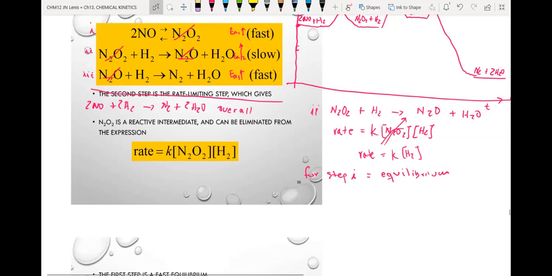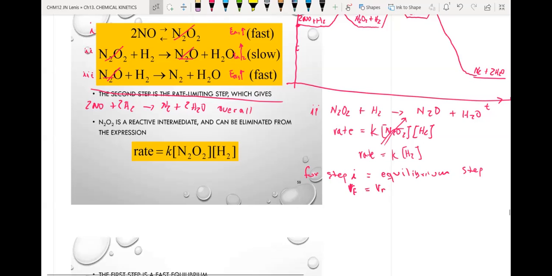It's an equilibrium step. Means what? Means that the speed of the forward reaction, the rate of the forward reaction equals the rate of the reverse reaction.